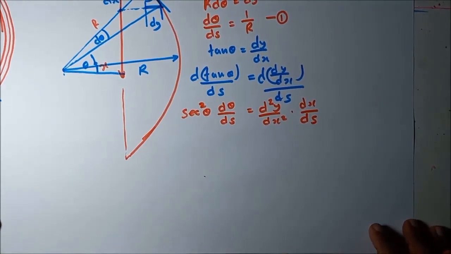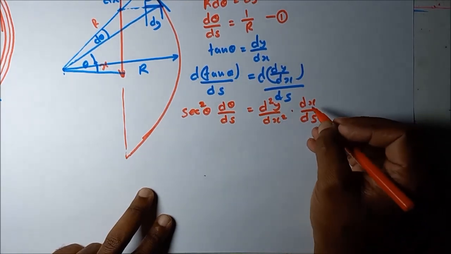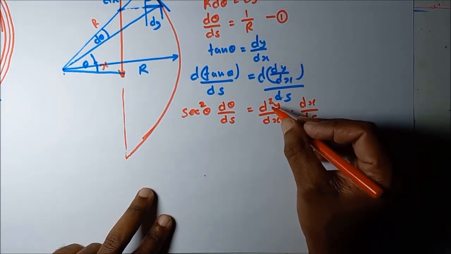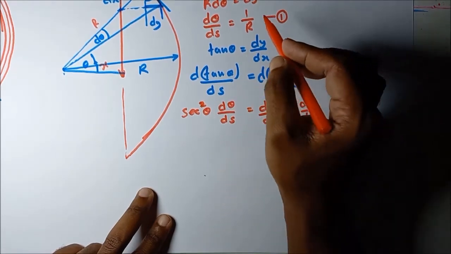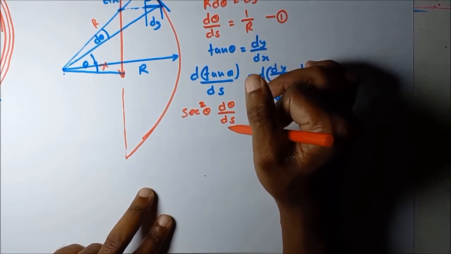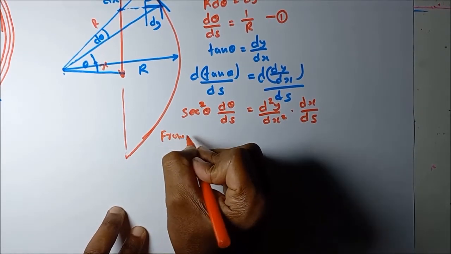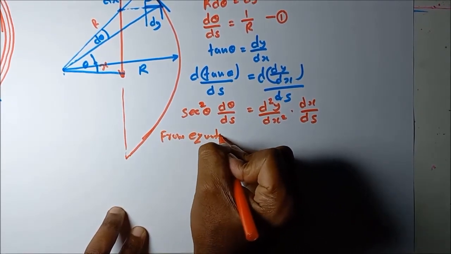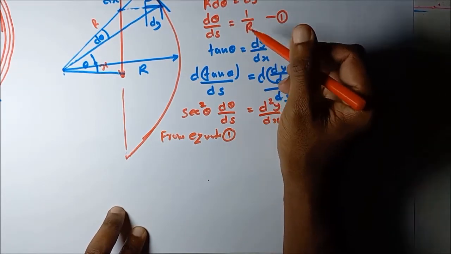Then we can further simplify this equation here. From equation 1, instead of d theta divided by ds, I'm going to put 1 over r.